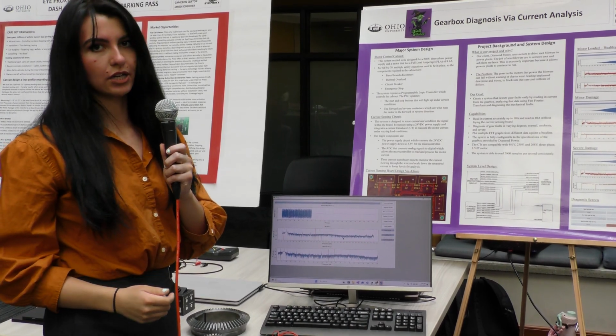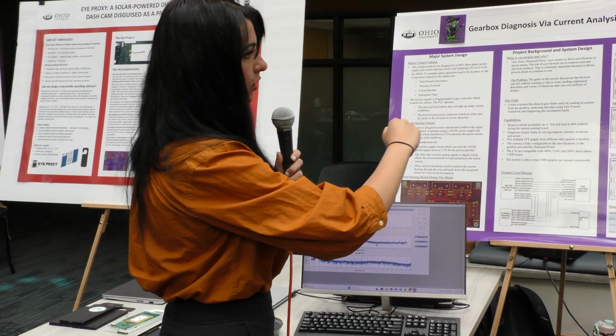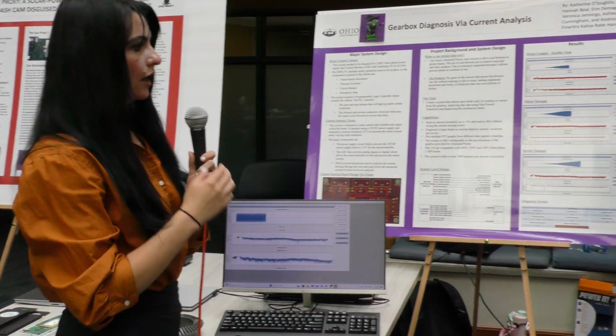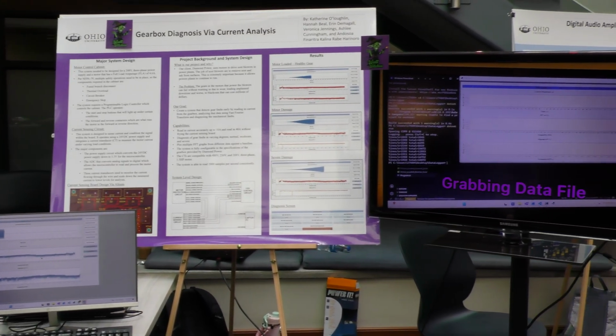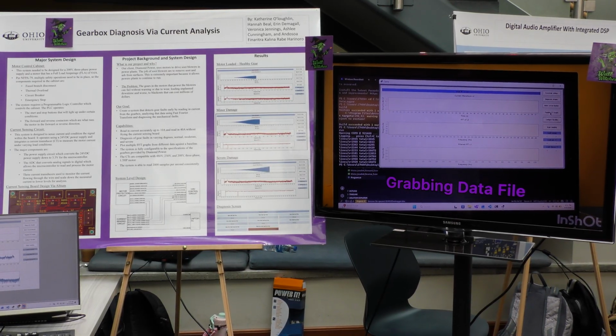Essentially what the project does is we hit a button here, we run a motor and a gearbox. The system itself begins sampling the data, and it does a mathematical FFT transformation.